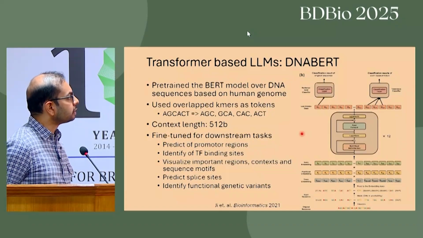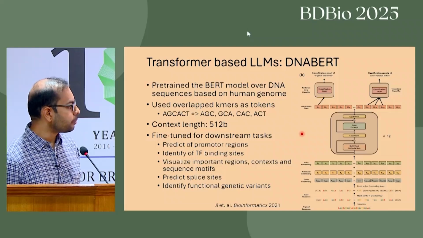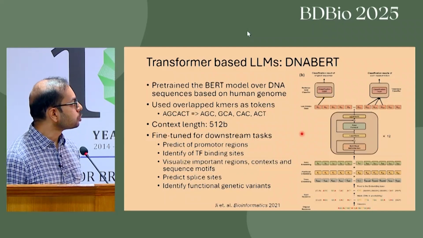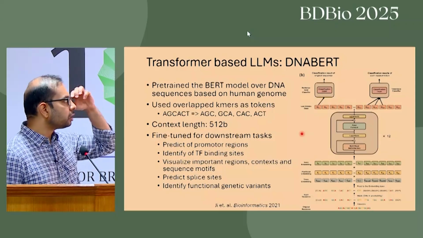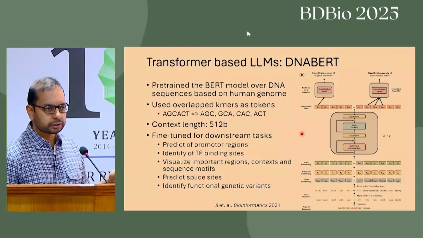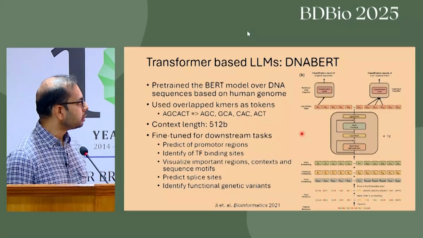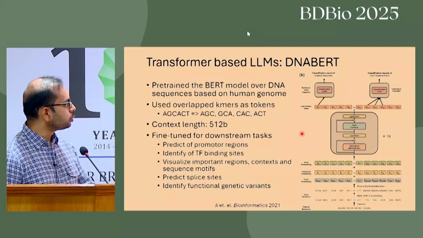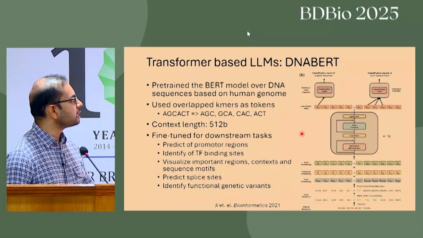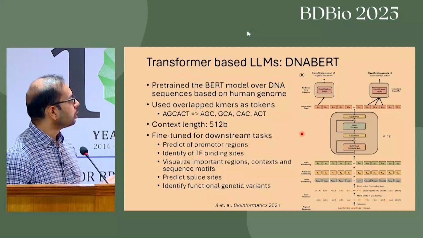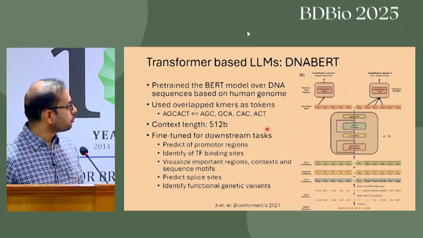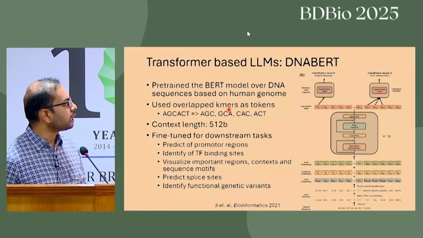Starting with this method called DNABERT, which came out in 2021. It basically pre-trains the BERT model. BERT is a regular large language model which was already available. They just took the same model but pre-trained it over DNA sequences based on the human genome. For tokens, they used overlapped k-mers.